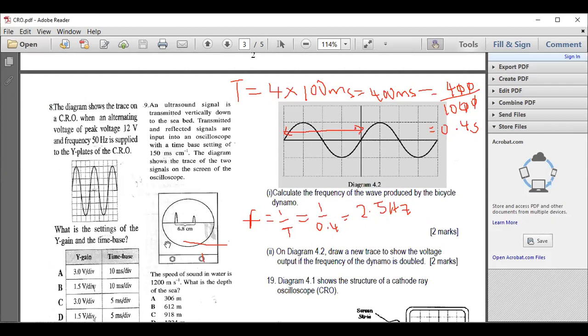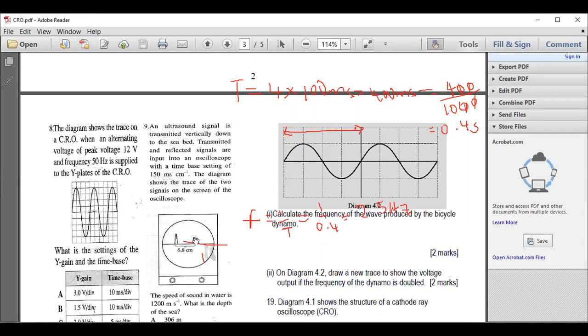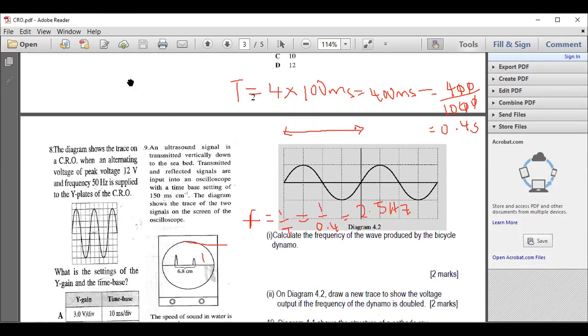Next. On diagram 4.2, draw a new trace to show the voltage output if the frequency is double. Now if you look at the definition of frequency, frequency is talking about the number of waves made in 1 second.